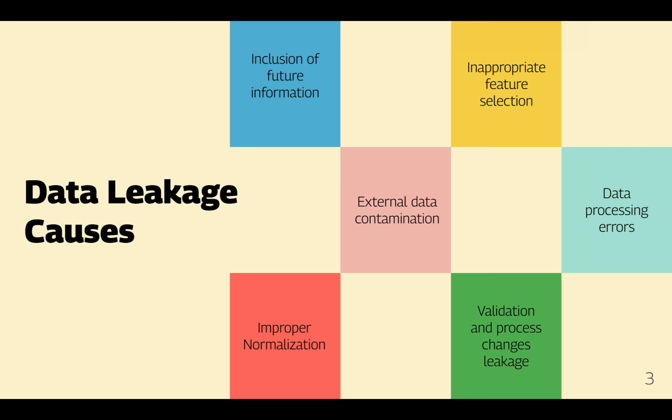Overfitting is the opposite of underfitting, a scenario where a model has been overtrained and contains too much complexity, resulting in high accuracy on training data. So inclusion of future information, external data contamination, and inappropriate feature selection are types of target leakage. And data processing errors, improper normalization and validation, and process changes leakage are types of train test split errors.